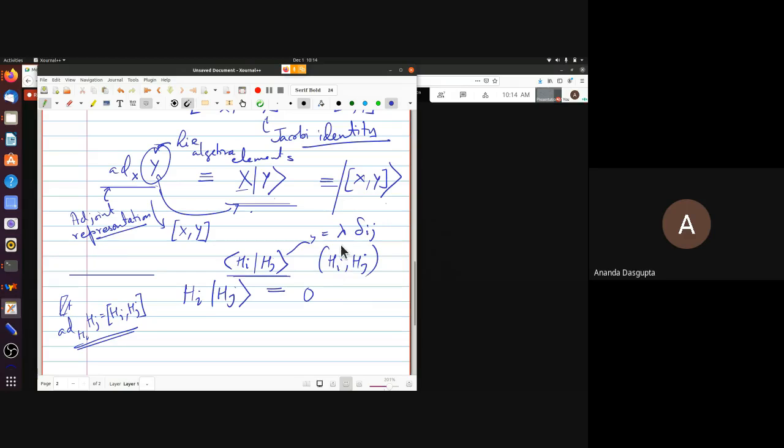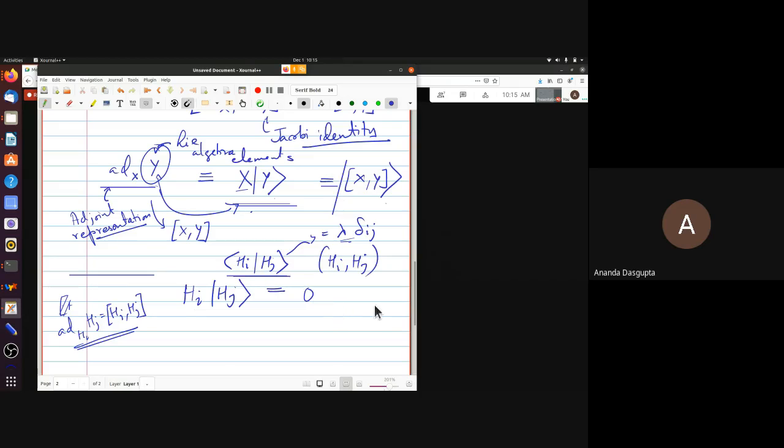He uses lambda specifically for the adjoint representation, but that's fine. This constant, of course, depends on the representation, so he uses lambda for the adjoint representation. This is the inner product of the states of the operators H_i, H_j. Here, this really means the adjoint H_i acting on the generator H_j, and that of course is going to give you 0 because they commute. These are two different things, so please don't confuse the two.